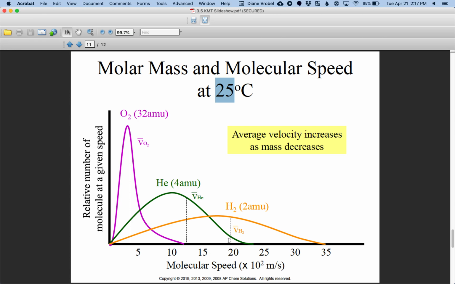Obviously, the average is centering around 18, maybe 19, depending on your perspective. And then you have a smaller amount of hydrogen that is at 3,000 meters per second. So obviously the smaller mass gas has a wider range of speeds, and we don't have a sharp or a very high percentage for a specific speed.